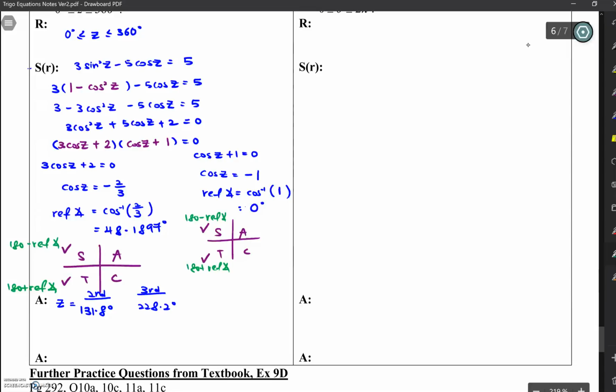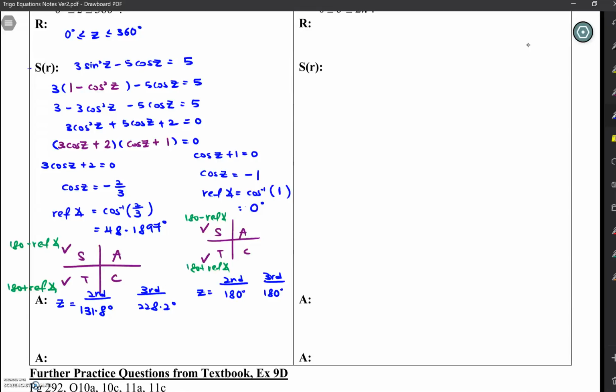Exactly the same step. The next step is just z is equal to my second and my third quadrant. So second quadrant, 180 minus 0 degrees. This one is quite straightforward, 180. Similarly, 180 plus 0 degrees. Okay, I still get the same. I just need to write one of them.